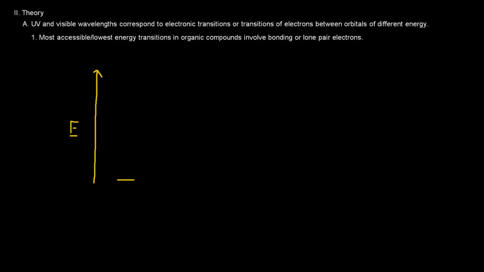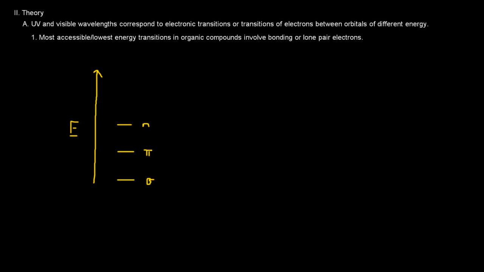In all organic compounds, we're going to have sigma bonding electrons, so we'll label that a sigma energy level for electrons in a sigma bond. Higher than that would be pi electrons, for electrons in a pi bond. Non-bonding electrons, which again refers to lone pair electrons on heteroatoms, let's label those as n.